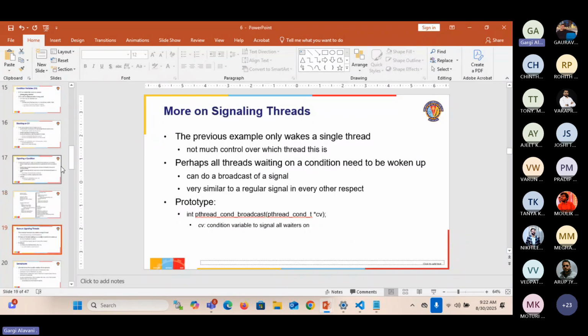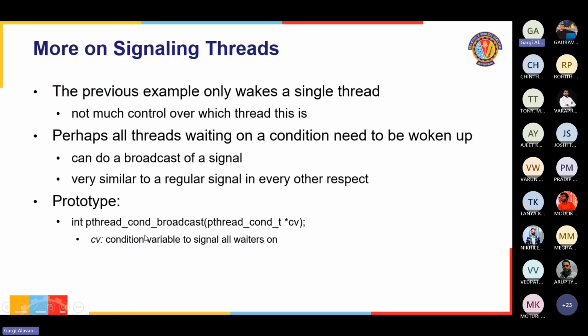Before moving on, I'll also mention that there is another option, broadcast. In the example that we will see, we are trying to wake a single thread. But if you want to wake up all the threads that are waiting, you can call a broadcast, which will wake up all the threads.